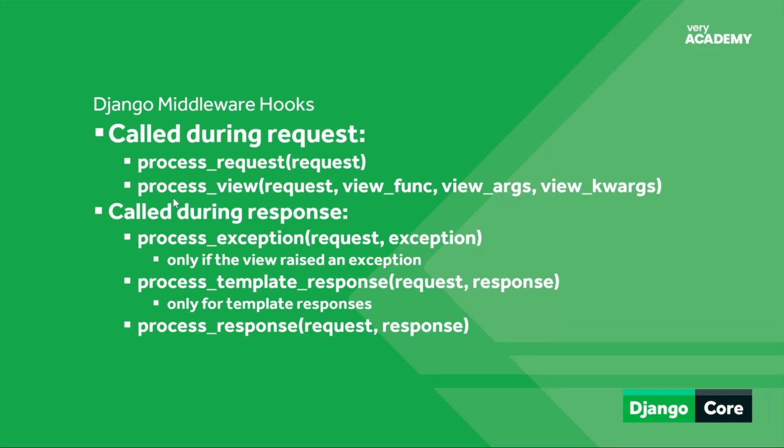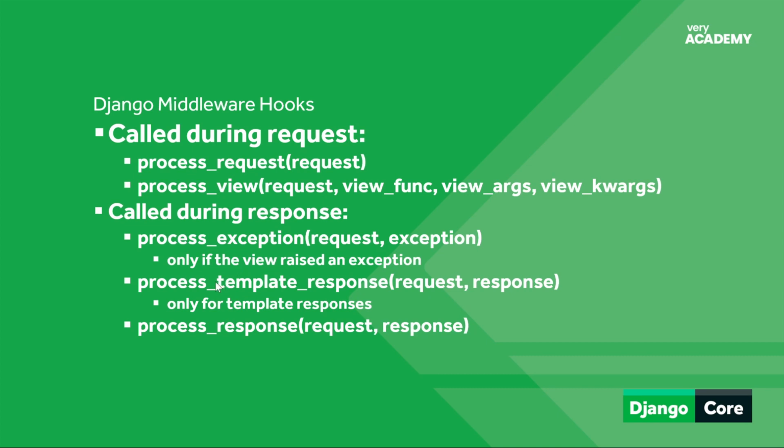Here we have, first of all, process request. That's the request data that can be utilized before the request gets to the view. Second, we have the optional process view. We'll take a look at an example of that shortly, but this allows us access to the view before the request gets to the view. Called during the response cycle, here we have process exception.